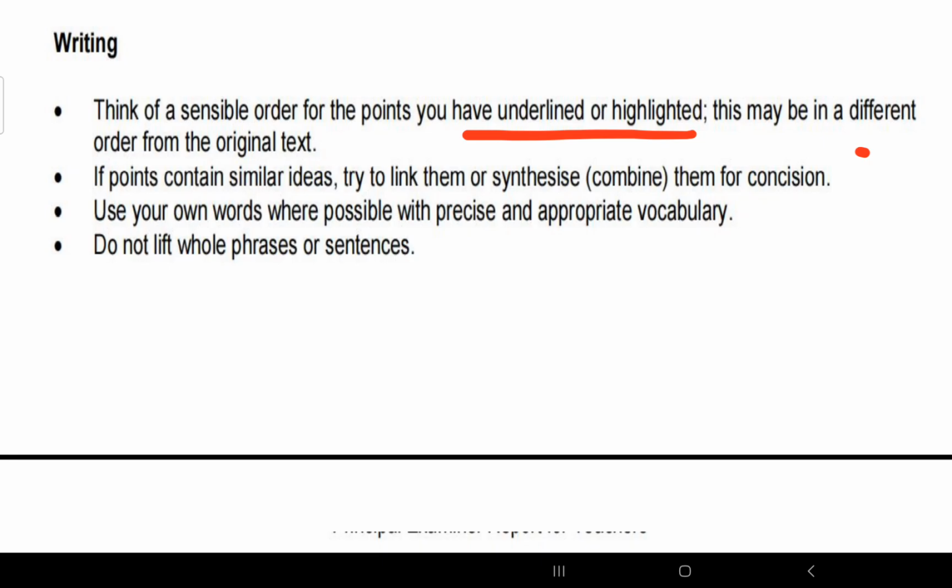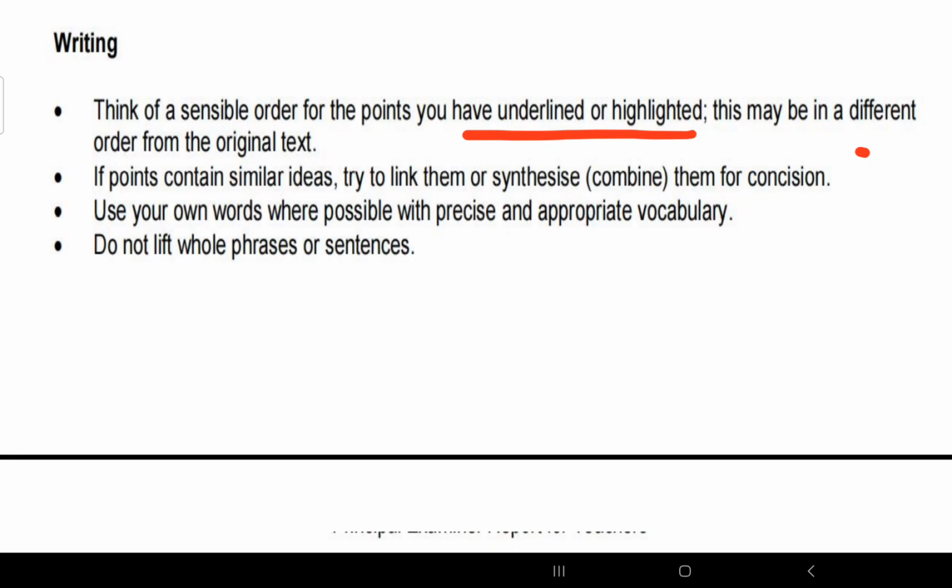Chronological order means that if something is mentioned in paragraph 1, you need to write that in the beginning, and if something is mentioned in paragraph number 5, you should mention it at point number 5 or point number 6. But now this examiner report is telling us that these examiner reports also keep on changing. So this examiner report is telling us that the order may be different from the original text.